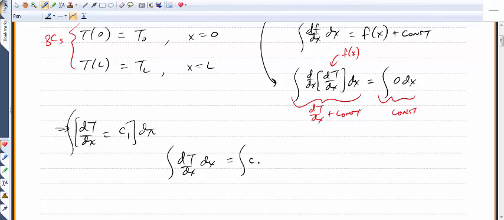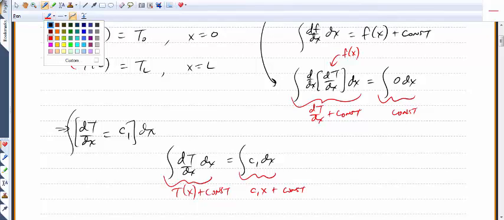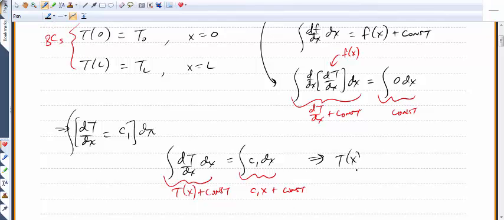The right-hand side becomes the integral of c1 dx. So the left-hand side again becomes T as a function of x plus some constant, and the right side becomes c1 times x plus some constant. Again, we're going to combine the constants, and we end up with our general solution. T as a function of x is equal to c1 times x plus c2.